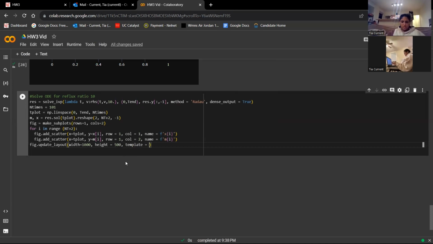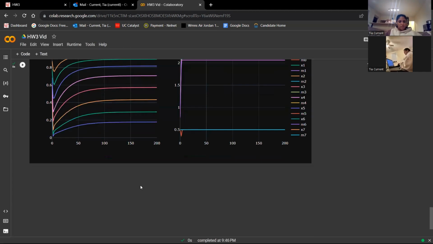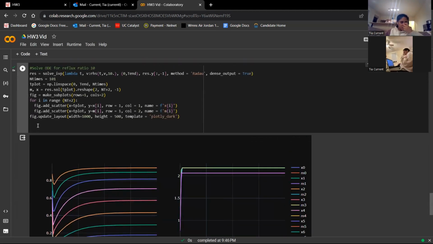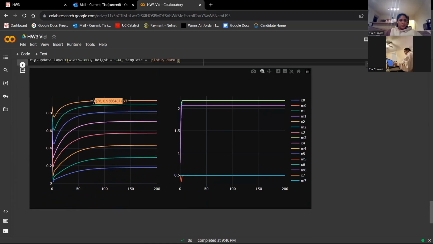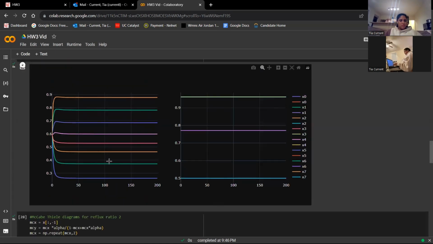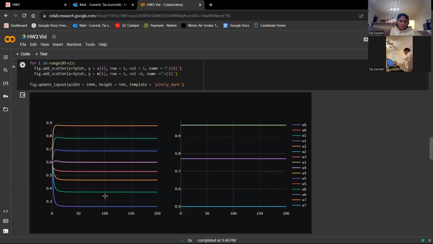Template is always plotly_dark because we love the dark. And my knee hurts. Okay, let's see if this works. Oh, look, there's things. And you can compare these. They look very different. These go like pew, and these ones go.